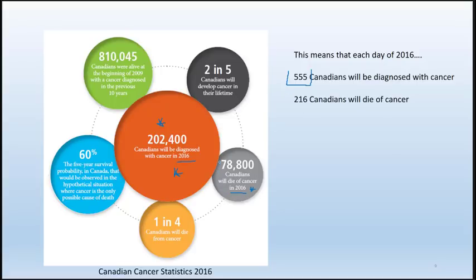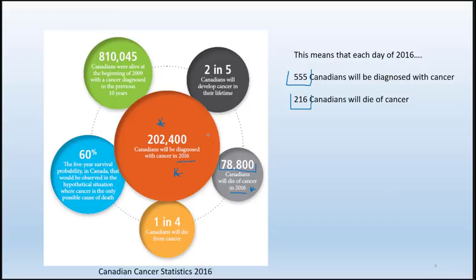And we can say, looking at the gray circle, 78,800 Canadians will die of cancer in 2016. So on a per day, that's 216 Canadians that will die of cancer per day in 2016. And so those are very scary statistics, especially when you look at it from a daily basis perspective.